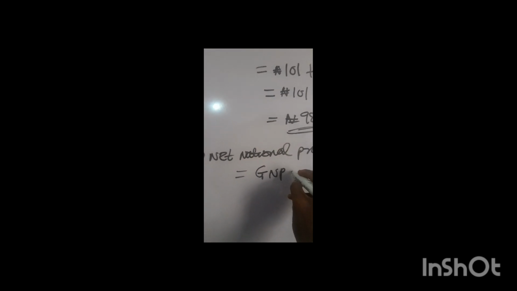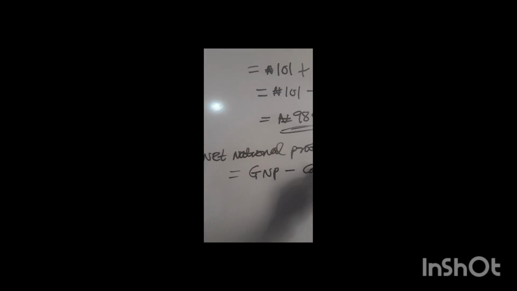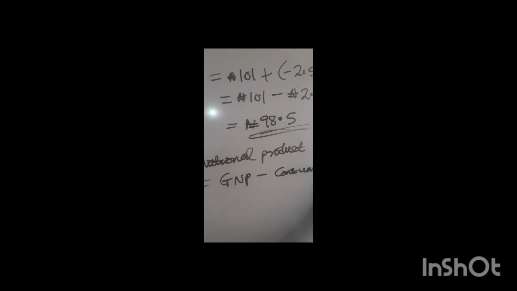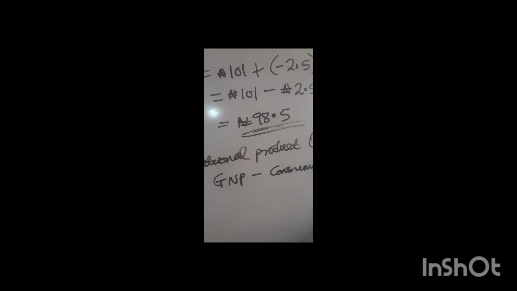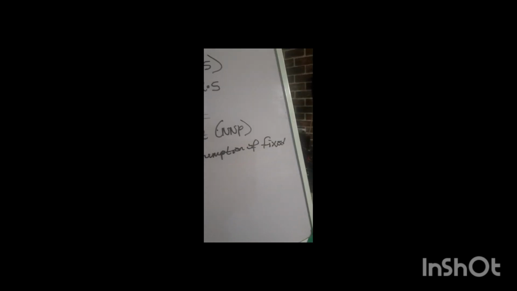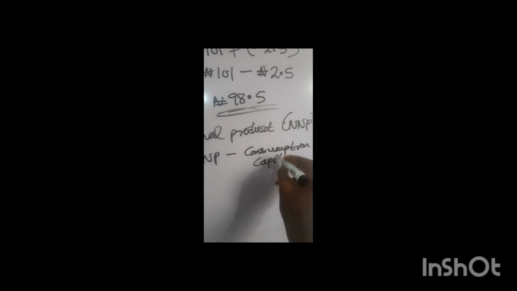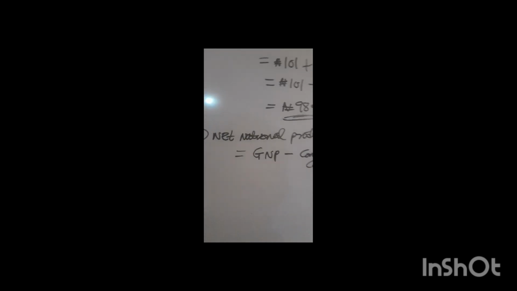So simply what we have is GNP minus consumption of fixed capital.